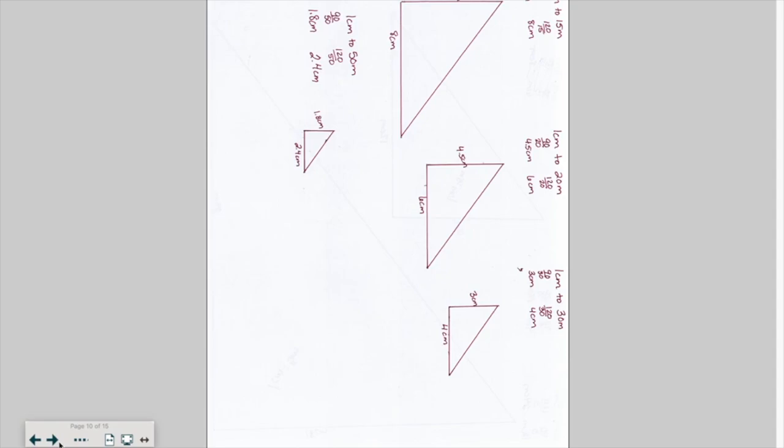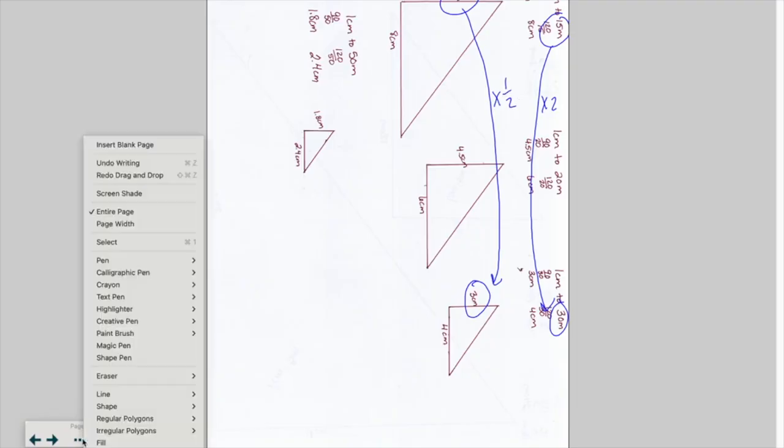I can't get them to turn the other way. But to go from 15 to 30, we're multiplying by 2. And if you look at the side lengths of the second drawing, they are half the side lengths of that first drawing.